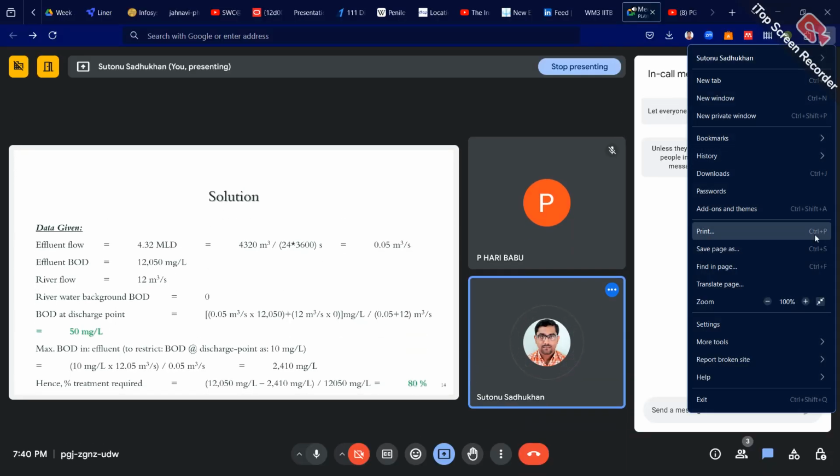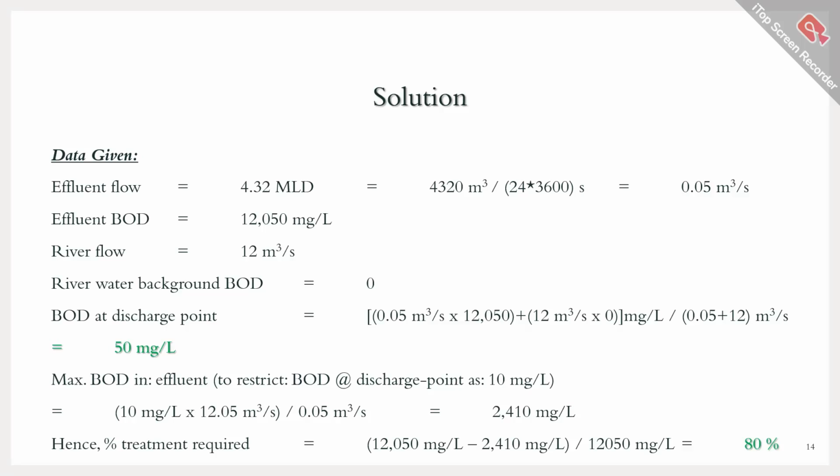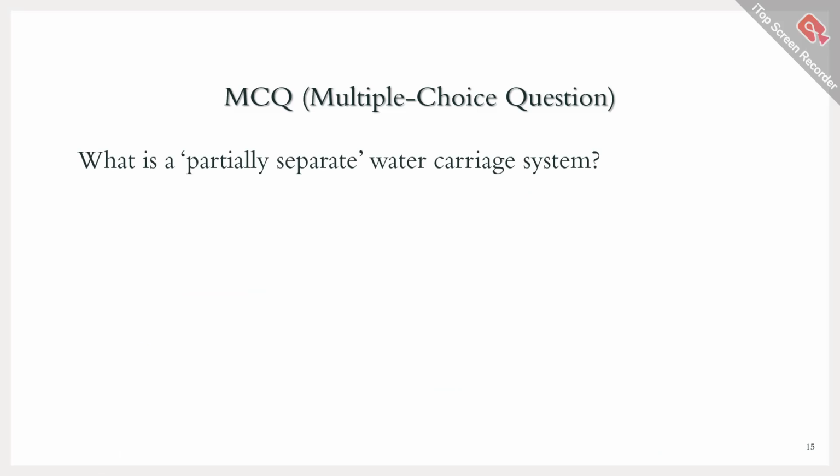So if your answer is within 75 and 85, it will be treated as a correct answer. Now, our next MCQ, or multiple choice question, is: what is a partially separate water carriage system?